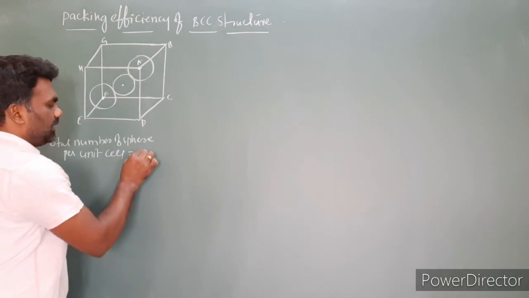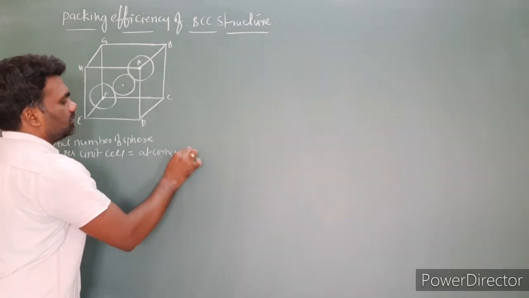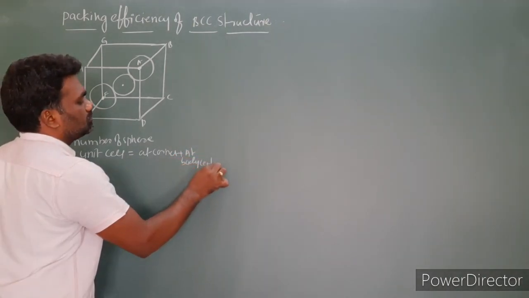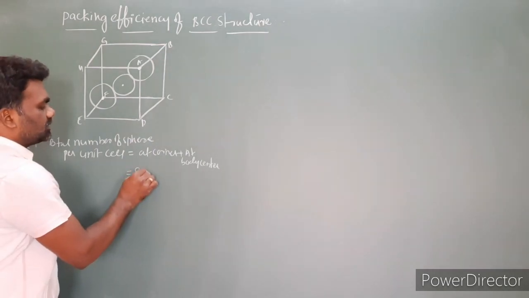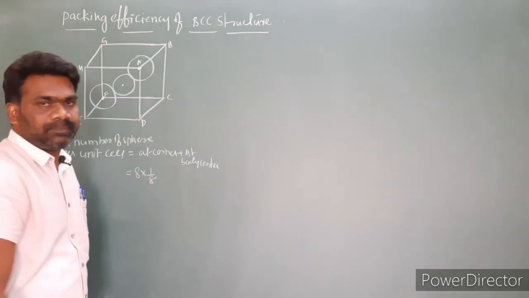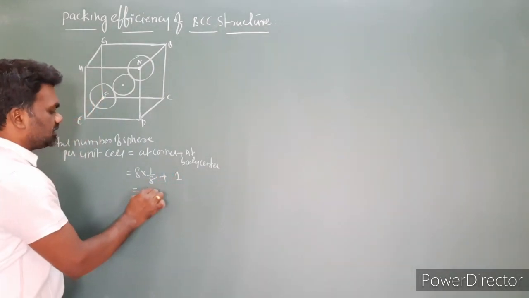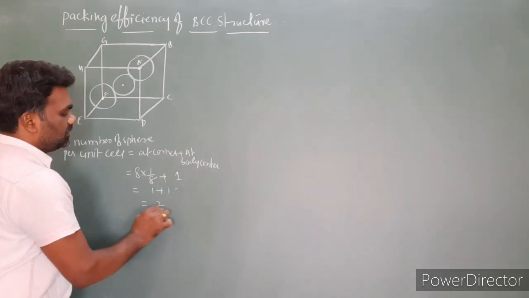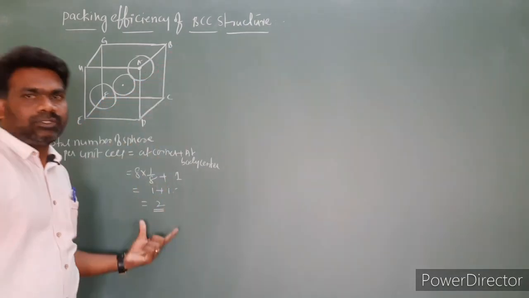That is equal to at corner plus at body center. At corner we have 8 corners, 8 into 1 by 8, plus at body center we have 1 sphere. The total number of spheres is equal to 1 plus 1, that is equal to 2 spheres. The number of spheres present in the BCC structure is 2.